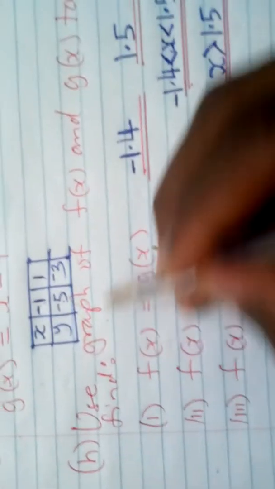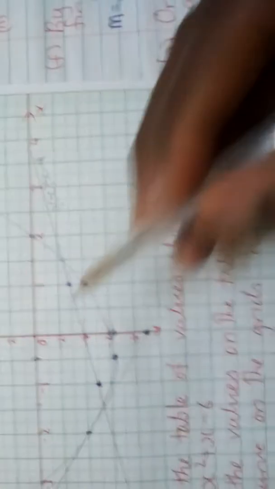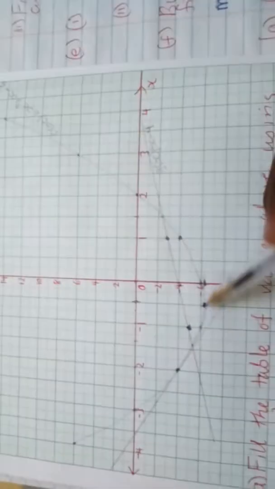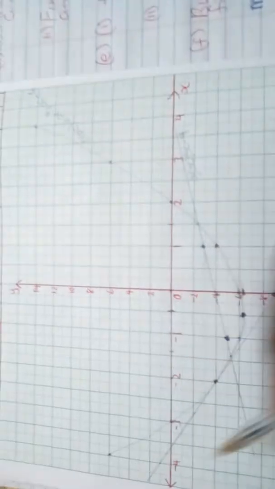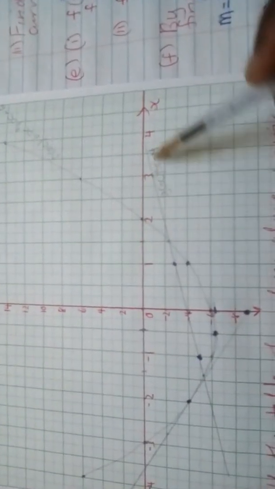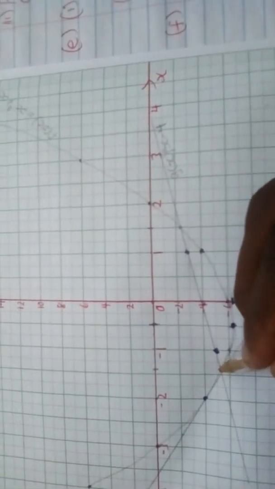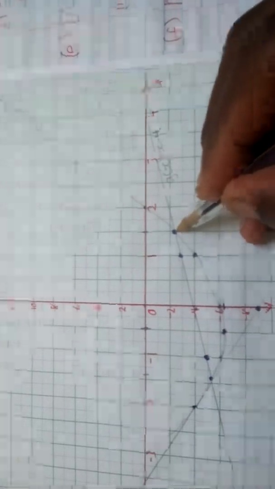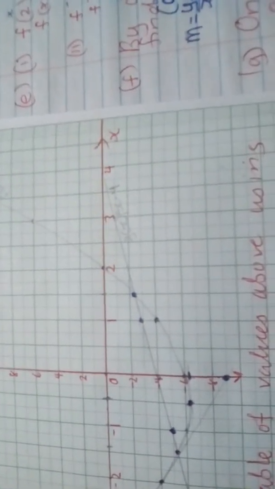H. Use the graph of f(x) and the graph of g(x) to solve. Remember, our graph of f(x) is this one, the curve which we drew earlier. That's our f(x). And our g(x) is the straight line which we have just drawn. Remember, these two are meeting here and there. Where the two graphs are meeting, that is where these two graphs are equal.